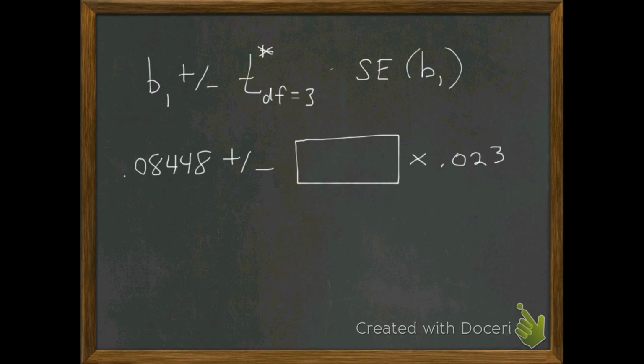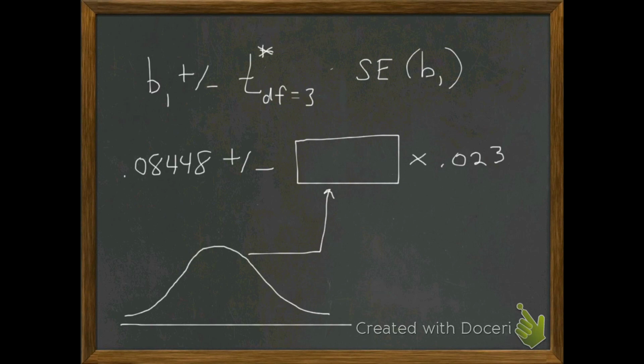Now we need to find in the t-distribution the t criticals that encompass the middle 95% of our distribution. We just need to find what has 0.025 to the left of it. That gives us our negative, and because of symmetry, our positive.